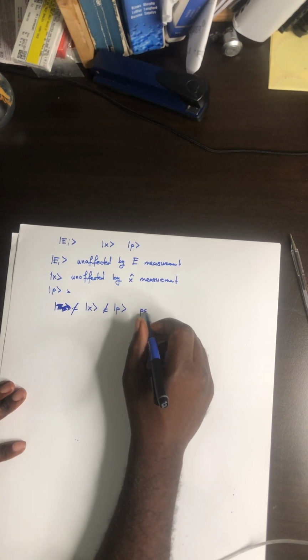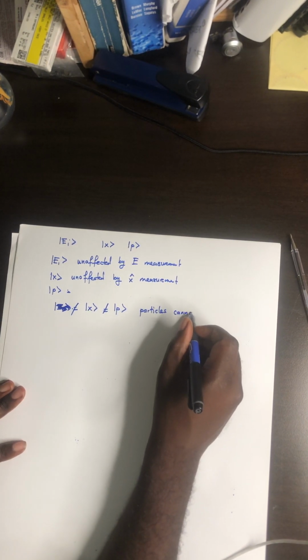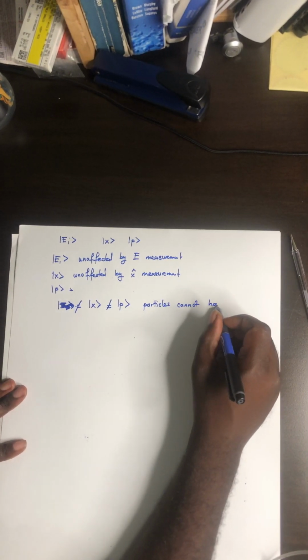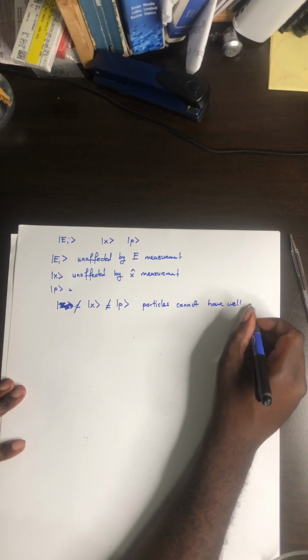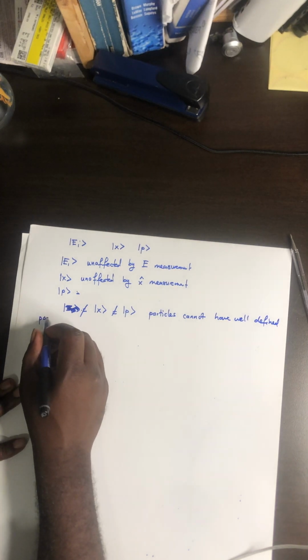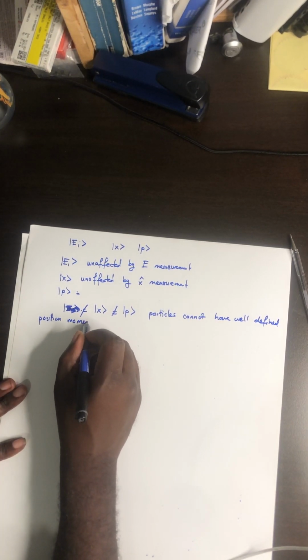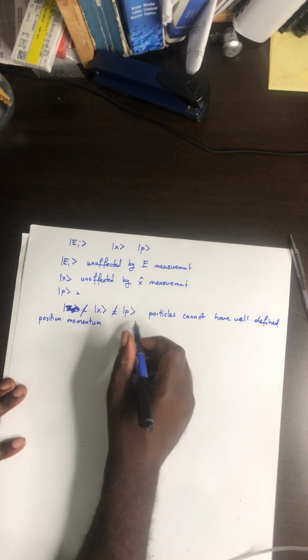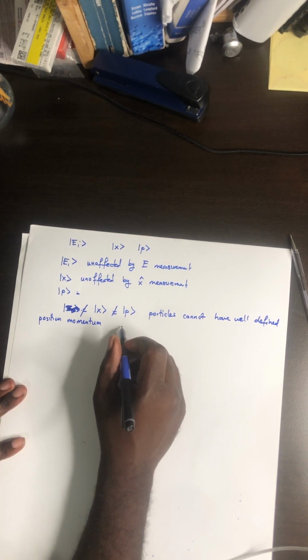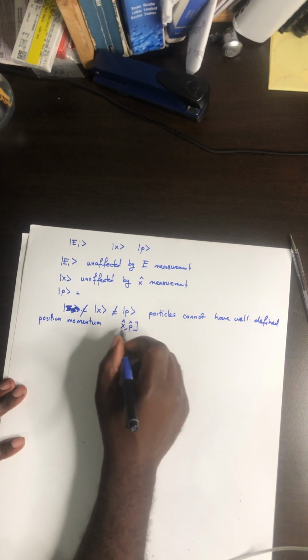So particles cannot have well defined position and momentum. In the language of quantum mechanics, we say that the operators for x and p are non-commuting.